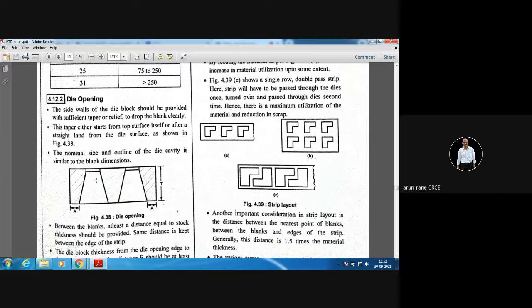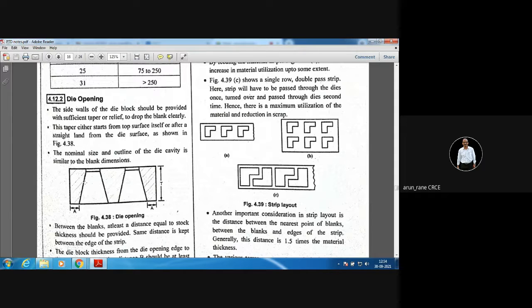Now when the slug falls down, suppose it becomes slightly inclined, then it gets jammed because the size is 25.00 to 25.02 throughout. That is the other difficulty when you keep this size 25 mm throughout. So that's why you have to provide a taper, and this is what is called the relief angle.